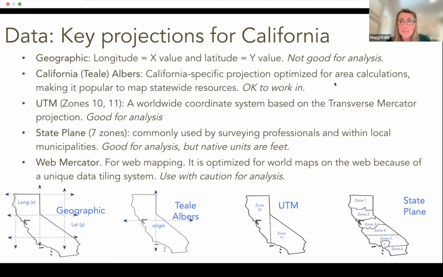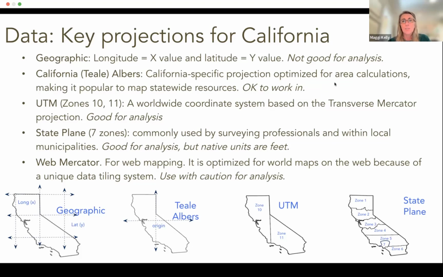The next really common one you're going to encounter is called California Albers, or California Teale Albers. This is a California-wide projection. A lot of statewide data is provided in California Teale Albers, and it's a perfectly fine data set to work in. Another common one is UTM, Universal Transverse Mercator.